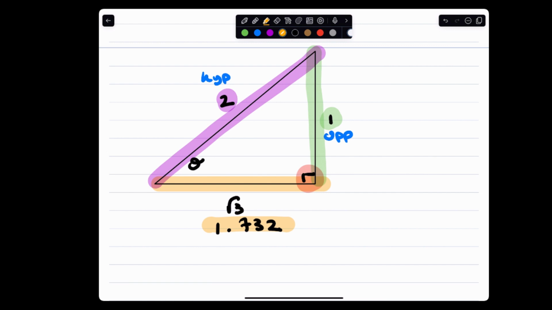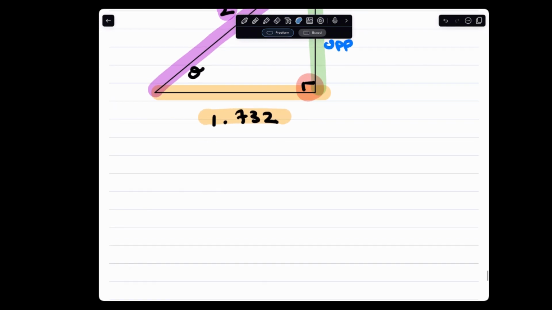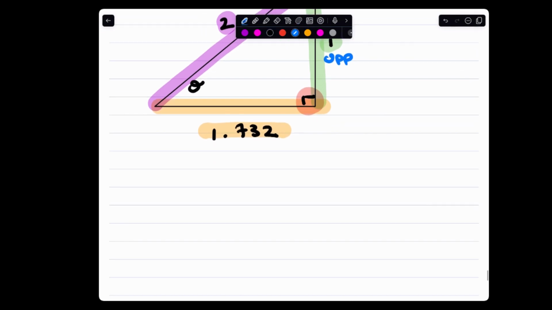Okay, so what if they happen to give you now the numerical answers? Could you still find the three trig ratios? Well, how do you do that then? It's the same definition. What's sine again?